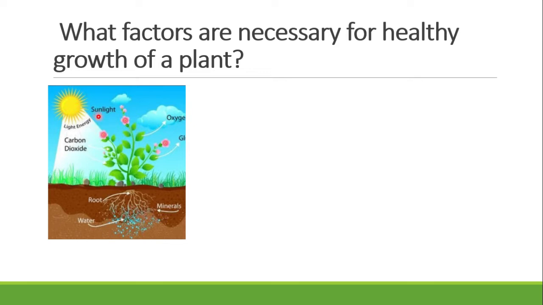The main conditions we have seen: light energy, carbon dioxide, water, and minerals. Can you guess the fifth one? The fifth one is suitable temperature. So the conditions are carbon dioxide, water, minerals, sunlight, and suitable temperature range.